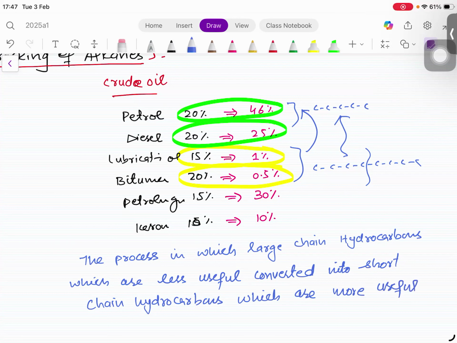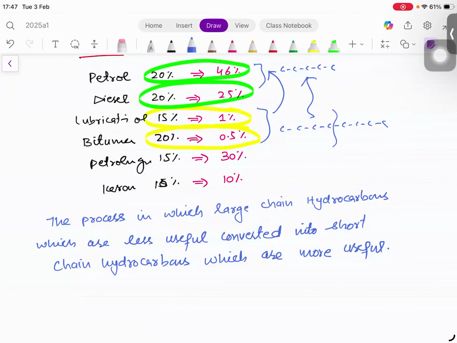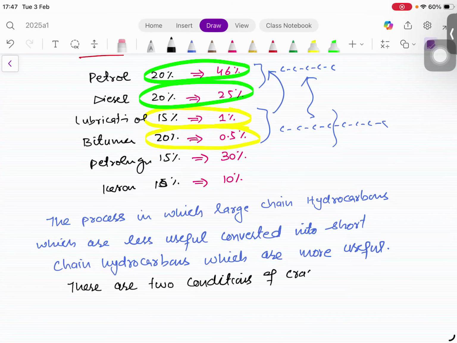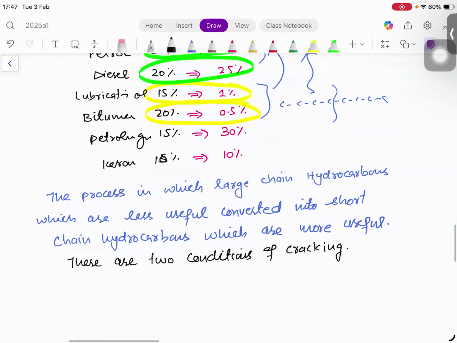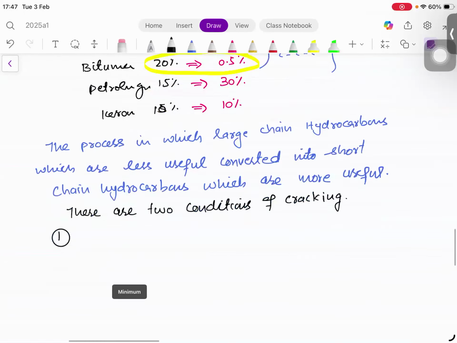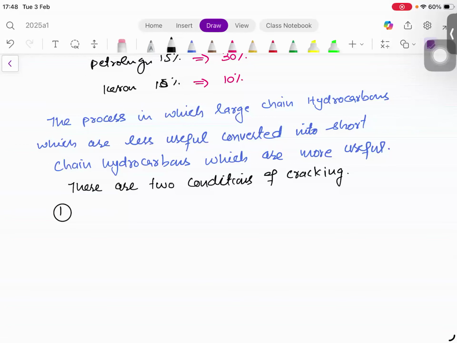Now the point is how to do it. There are 2 conditions of cracking. Please write down. Number 1, what they do is they take the long chain alkane, heat it to a very high temperature under a high pressure, and they crack it.